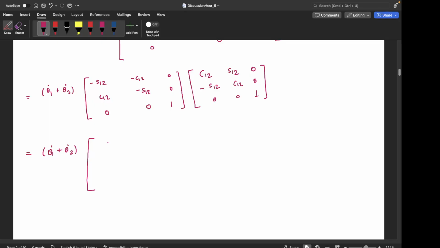Okay, so first row, first column: minus s12 c12 plus s12 c12, so this is 0. Then first row, second column is minus s12 squared minus c12 squared, so that is minus 1, and then the third is 0.